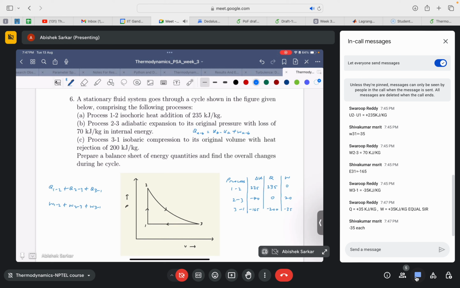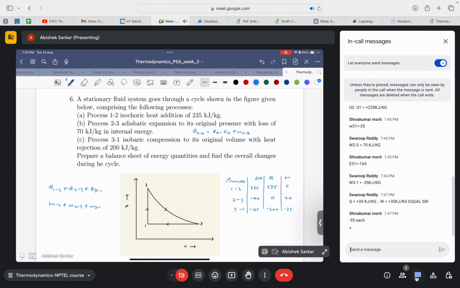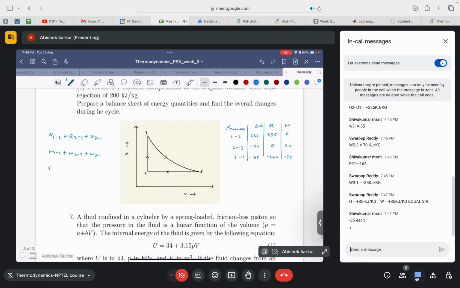Okay, so you're saying it is plus 35 in both the cases, so you're basically saying summation of all Q and summation of all W for the cycle is equal, right? So doesn't it basically give us the first law of thermodynamics that we discussed for a cyclic process, right?